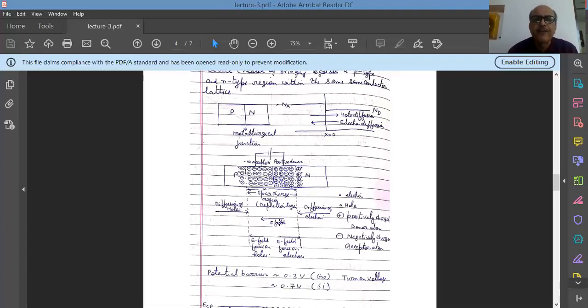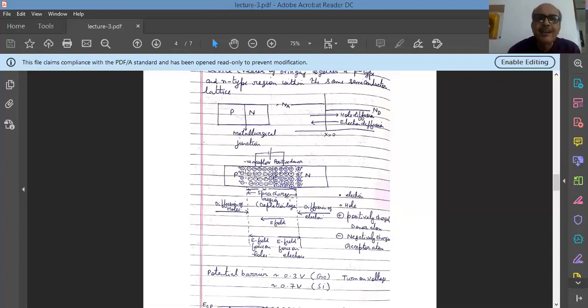So this electric field now will start exerting force on the diffusing electrons from N to P and the holes from P to N. And let us see whether the induced field, which has been created by the diffusion and then the piling up of the positively charged donor impurities and the negatively charged acceptor impurities on this side, helps the electrons and holes or opposes.